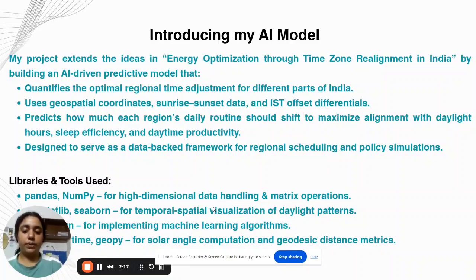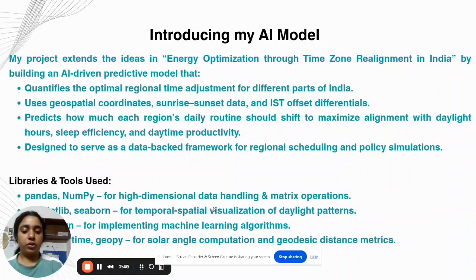Using historical load data, sunrise sunset timings, and urban demand trends, it generates dynamic simulations to estimate potential savings in both energy, kilowatt hours, and monetary terms. In essence, this model acts as a digital twin for Indian cities, capable of forecasting how small shifts in time alignment could produce large-scale national impacts in productivity, energy conservation, and sustainability.